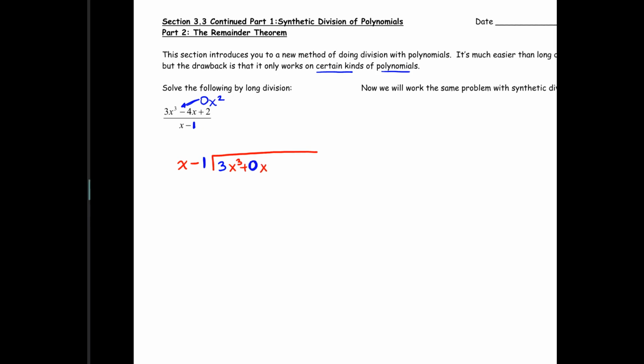And then x squared minus 4, I'm going to put in a different color because it's a coefficient. And then x. And then the 2, I'm going to put in a different color because it's a coefficient of x to the 0 power. I'll say that again. It's a coefficient of x to the 0 power.